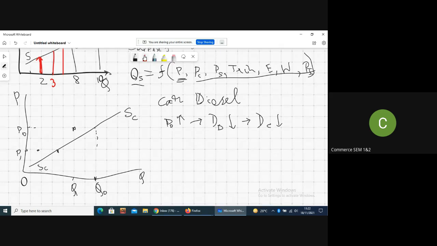Now if we join these two points, you can see that the new supply curve of cars is shifting towards the left. Fine? So the entire supply curve is shifting parallelly to the left.